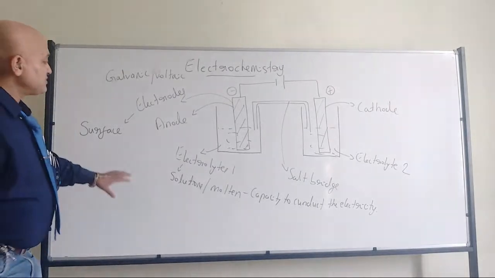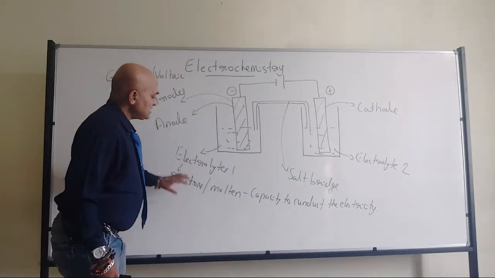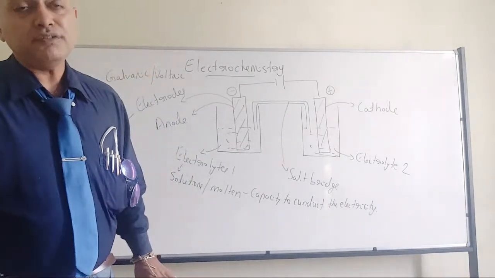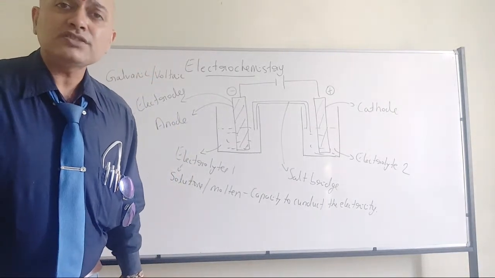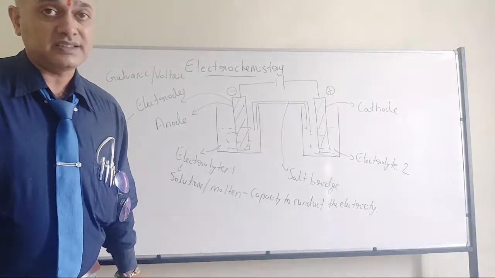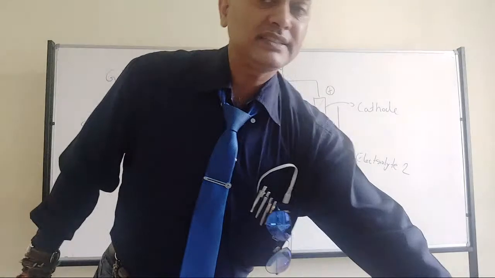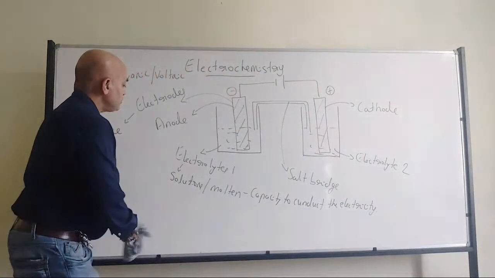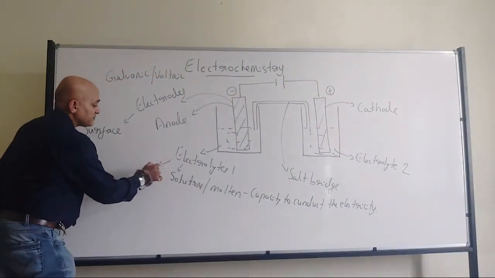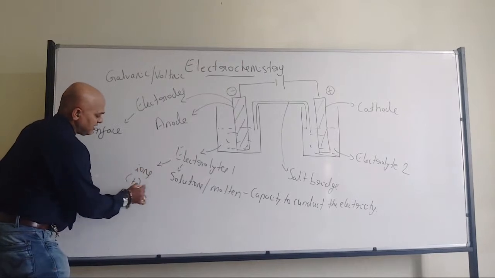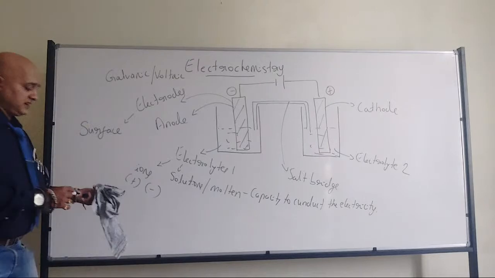Okay? So that's where we have the electrolytes, which can be in solution form or in the molten form. If they are in solid, we will call it conductors, but for liquid, it will be electrolytes. They are going to generate ions, that is positive ion and negative ion.